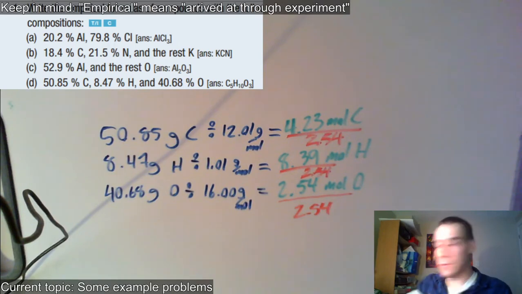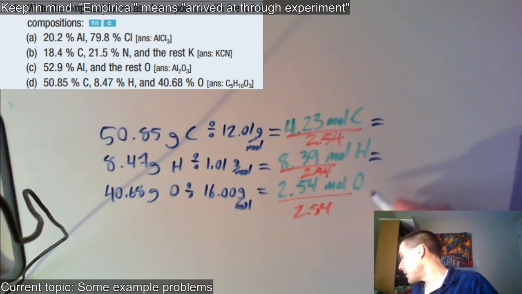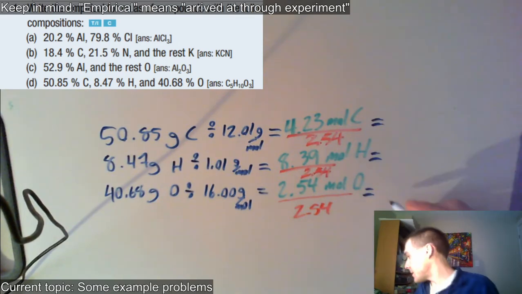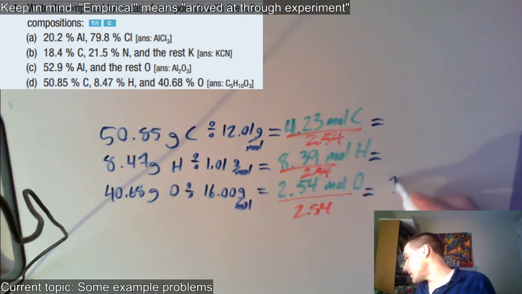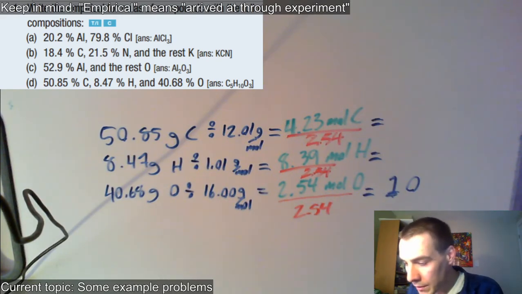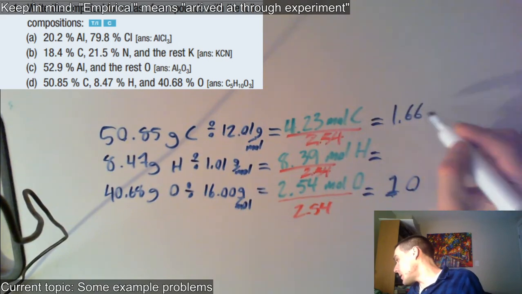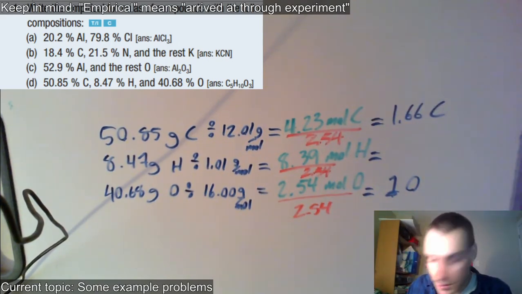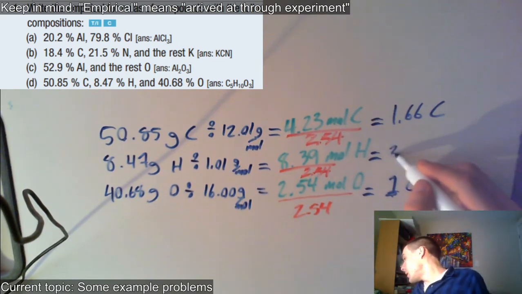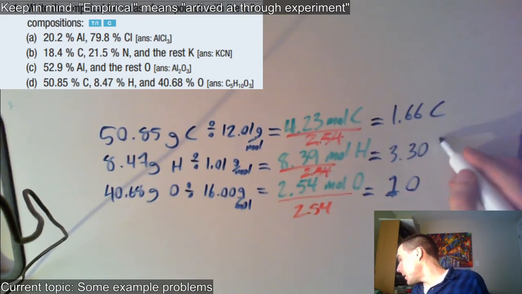And that's going to give us some numbers. I'm going to go back to blue for this because it shows up better under the light. So 4.23, well, this one's obviously just 1. This is just 1 oxygen. 4.23 divided by 2.54 is 1.66 carbon, and 8.39 divided by 2.54 is 3.30 hydrogen.